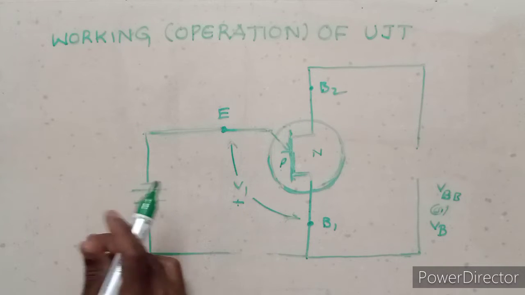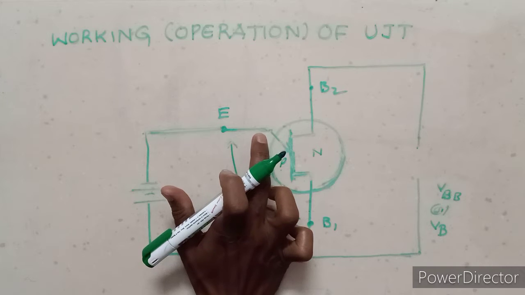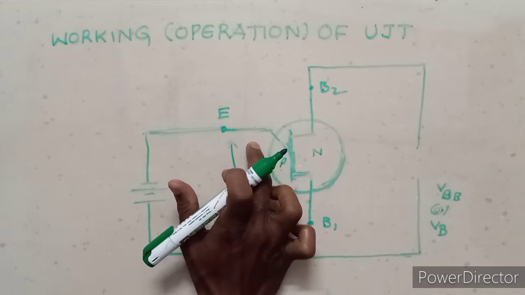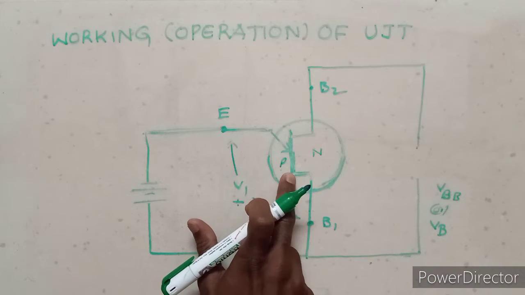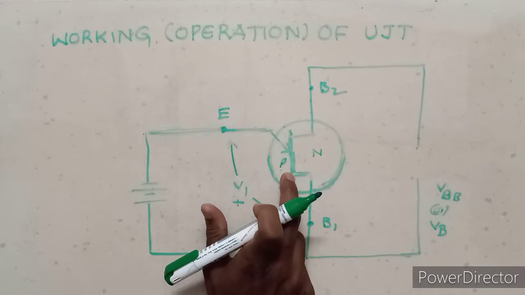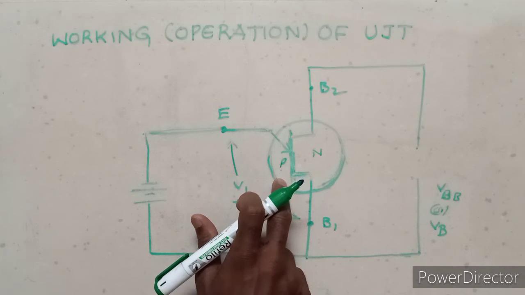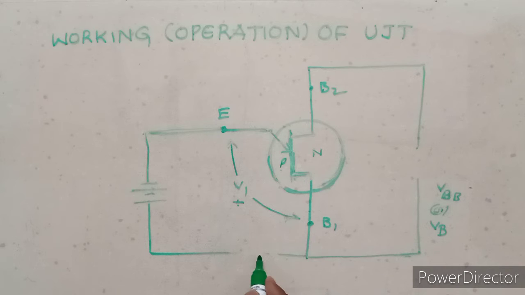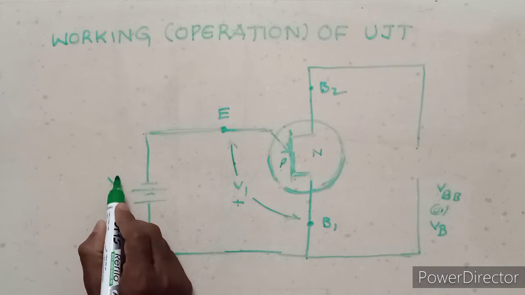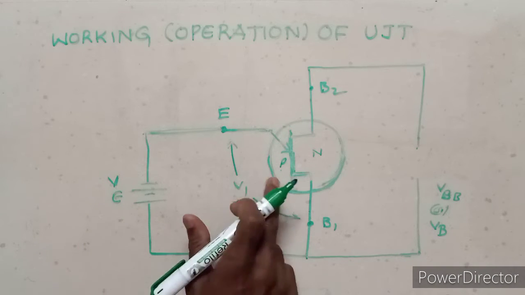If positive voltage is applied at the emitter, the PN junction will remain in reverse bias, as the emitter voltage is less than V1.